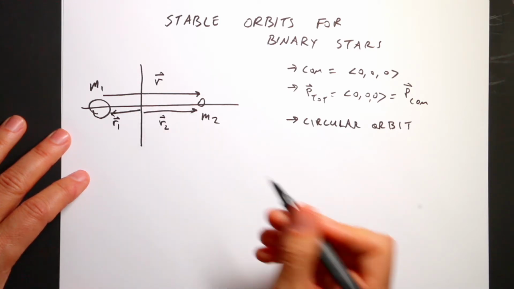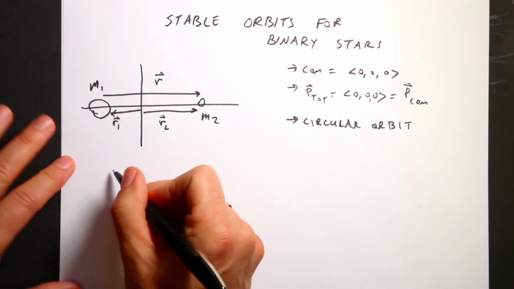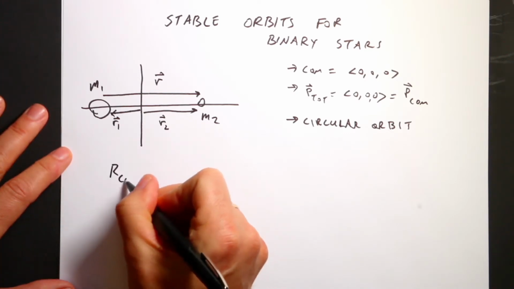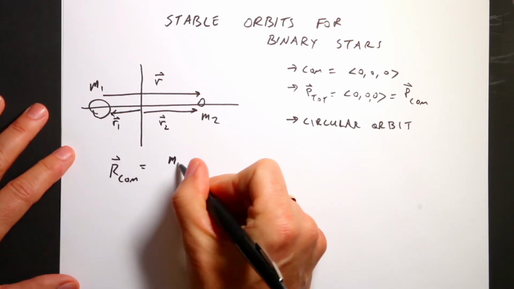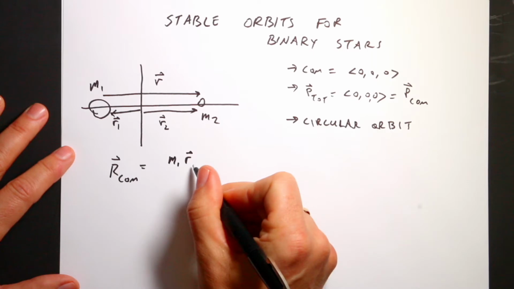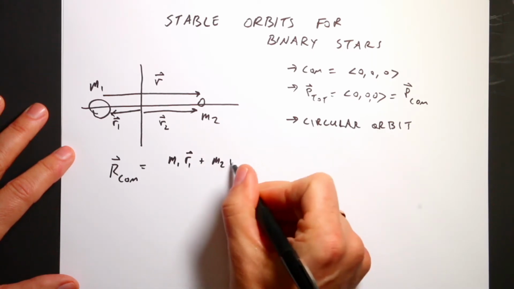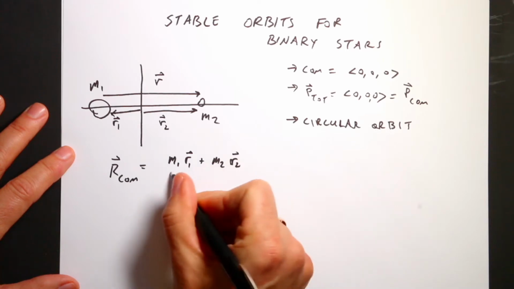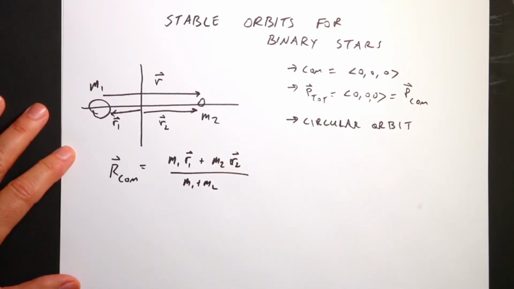So we can define the center of mass. I can call this capital R. R, center of mass, is defined as mass 1 times its vector location plus mass 2 times its vector location, divided by the total mass, m1 plus m2. This is the definition of center of mass.